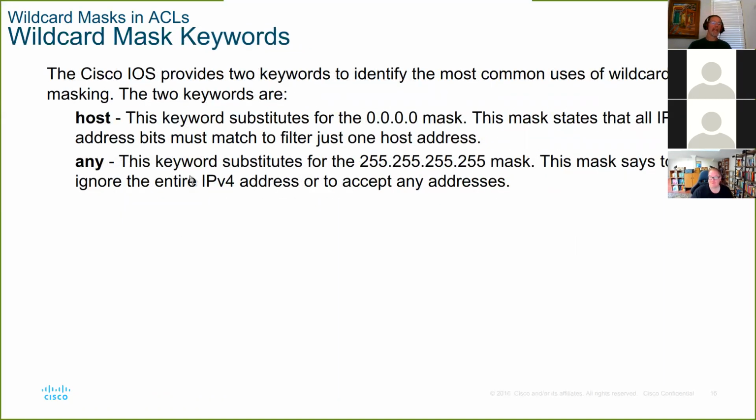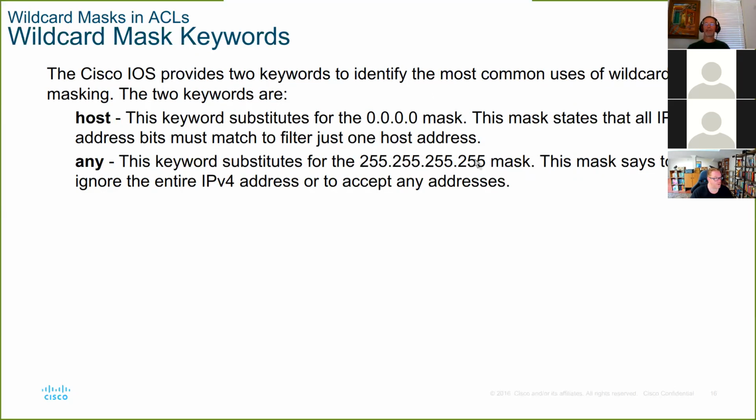So the any keyword is a way of saying a quad 0. So we could use the host keyword when we have a quad 0 mask, or we use the any keyword when we're allowing everything. In other words, this is just a single host address in a wildcard. In standard subnet mask, this is how you represent everything.